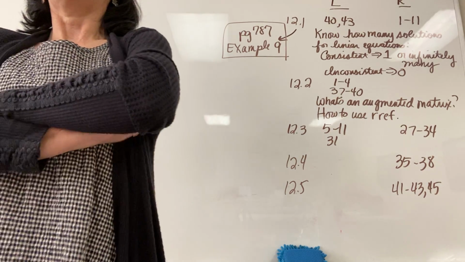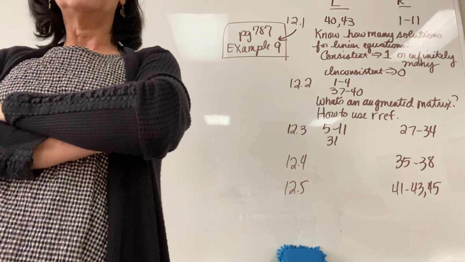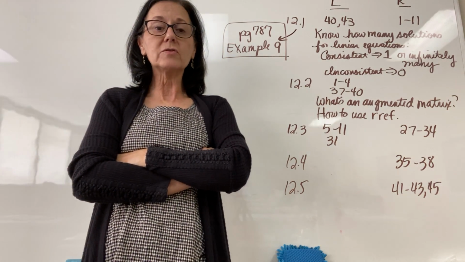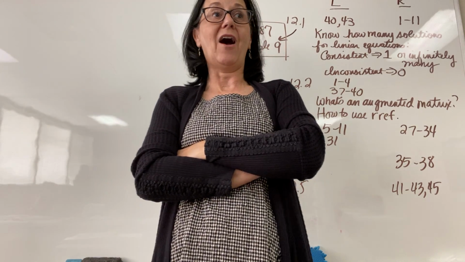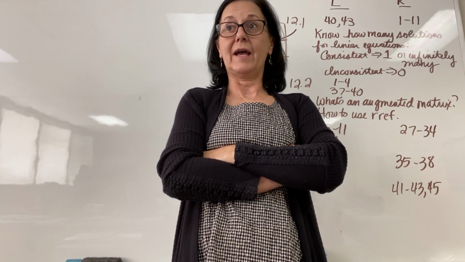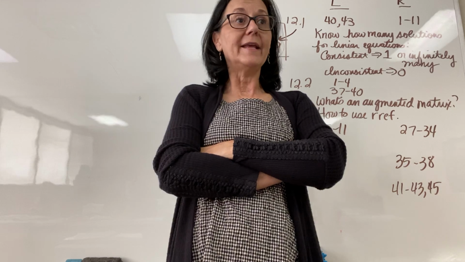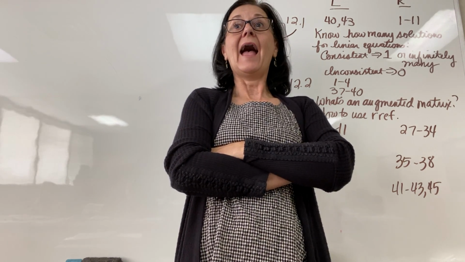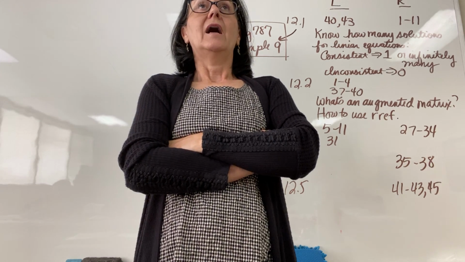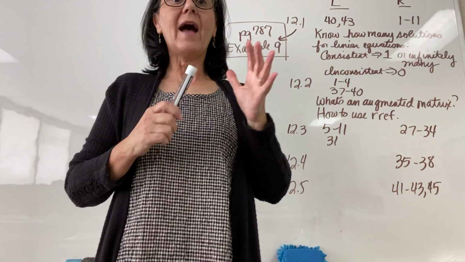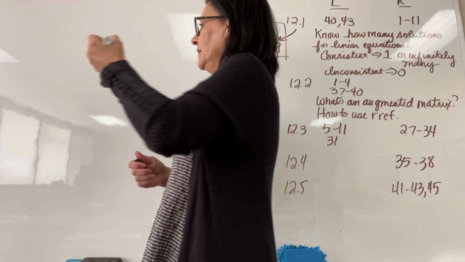So with example 9, you're combining two things. It's almost like the chemical mixture problems in Algebra 2, right? You have one equation that is how much of each one, and then you have a weighted equation.